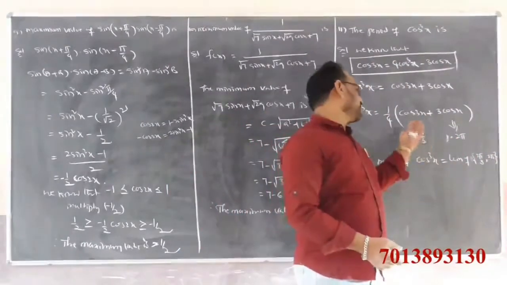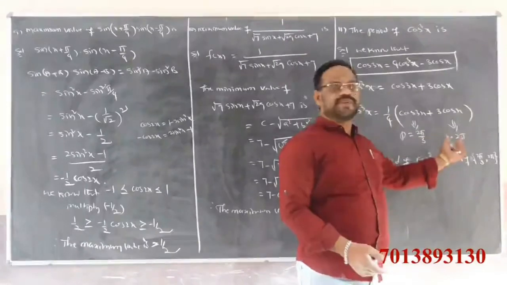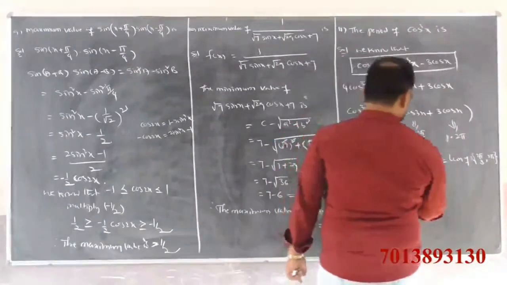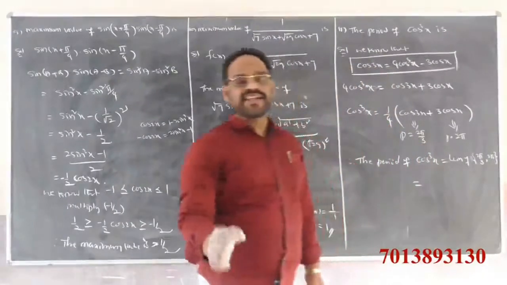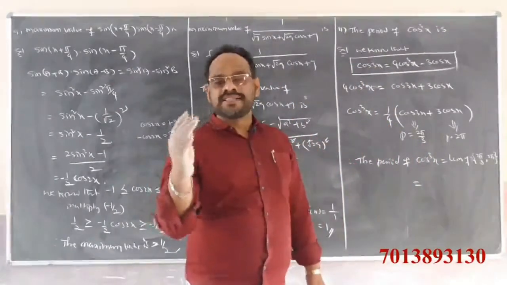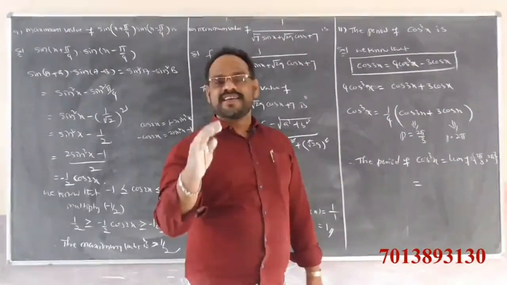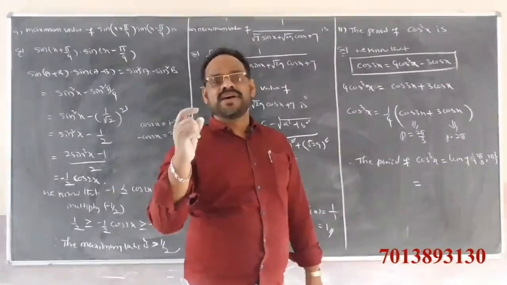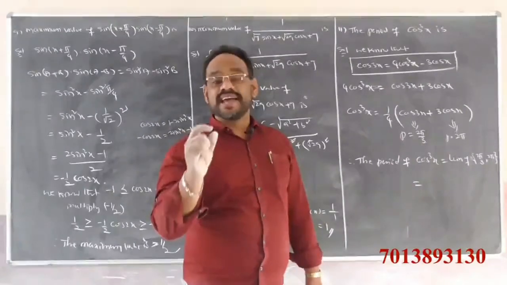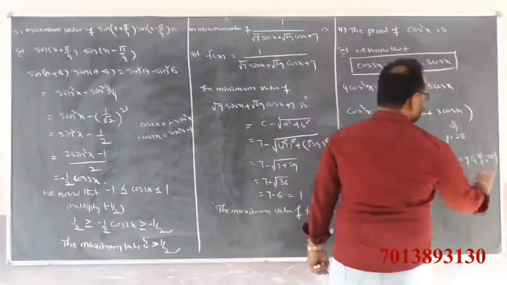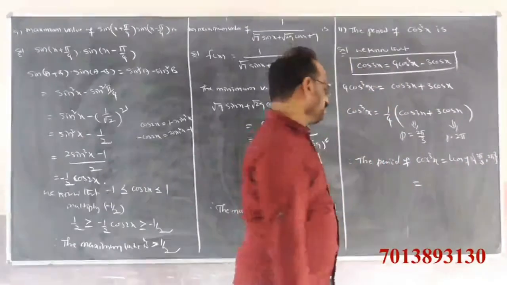That means LCM of this period and this period, that is 2 pi by 3 and 2 pi. Clearly, LCM of fractions is equal to LCM of the numerators by HCF of the denominators. So LCM of the numerators is clearly 2 pi only.